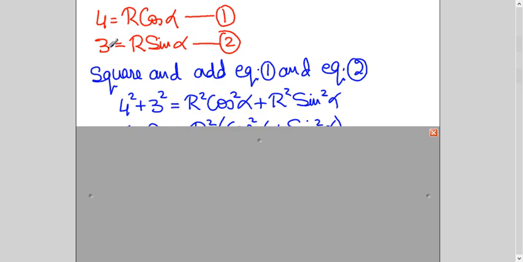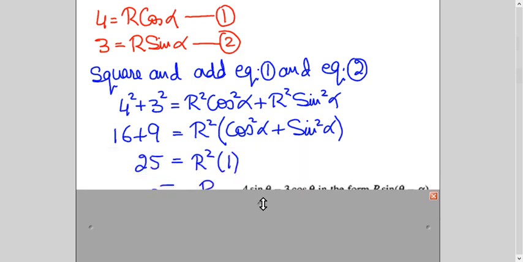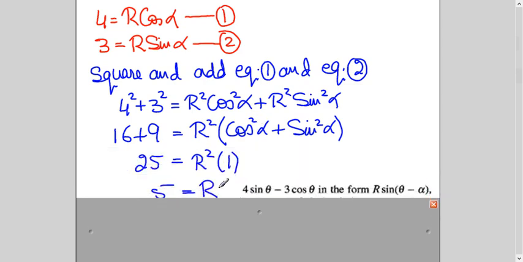So 4 squared plus 3 squared equals r squared is common, and I'm taking the common factor out. Cos squared alpha plus sine squared alpha comes in the bracket, and this equals 1. So you find the value of r like this.